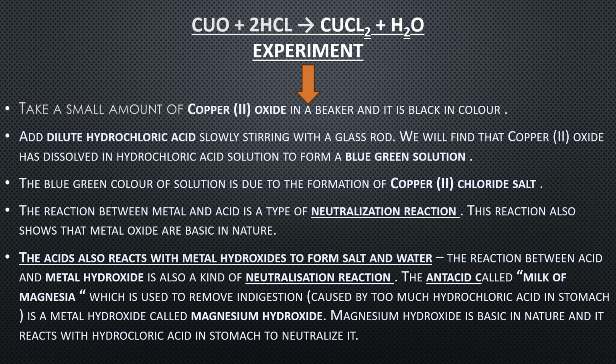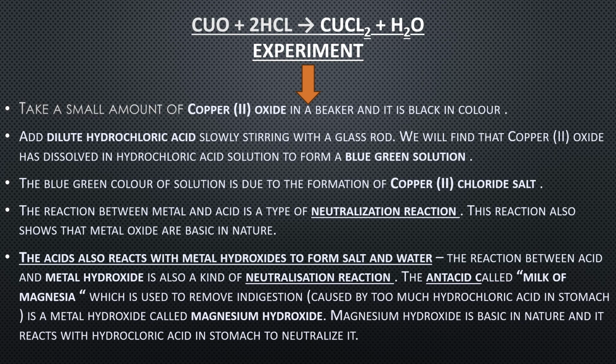The reaction between acid and metal hydroxide is also a kind of neutralization reaction because in this reaction an acid neutralizes a base. The antacid called milk of magnesia is used to remove indigestion.